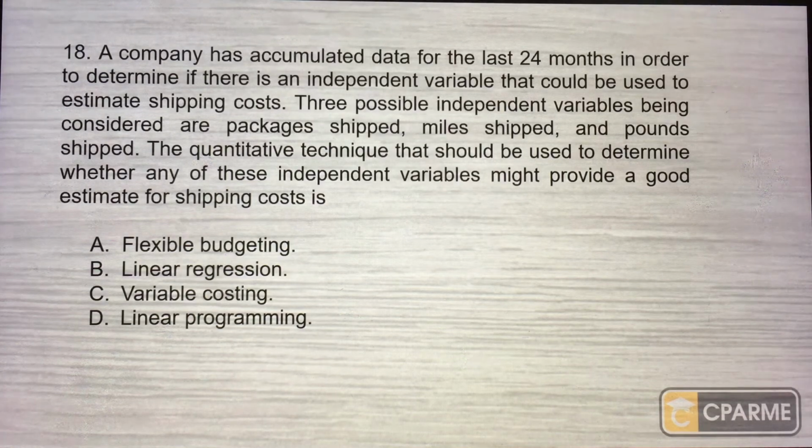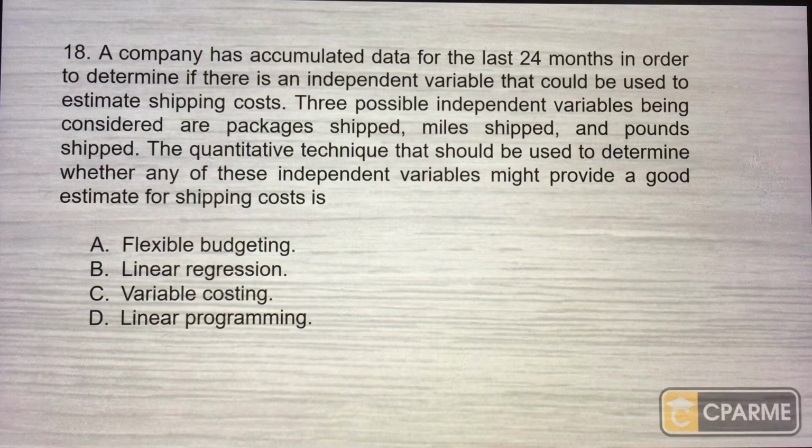The quantitative technique that should be used to determine whether any of these independent variables might provide a good estimate for shipping cost. A company has accumulated data for the last 24 months in order to determine if there is an independent variable that could be used to estimate shipping cost. There are 3 possible independent variables being considered: the packages shipped, the mileage shipped, and then the pounds shipped. So what are those 3 independent variables?